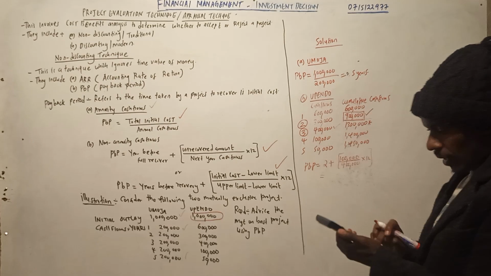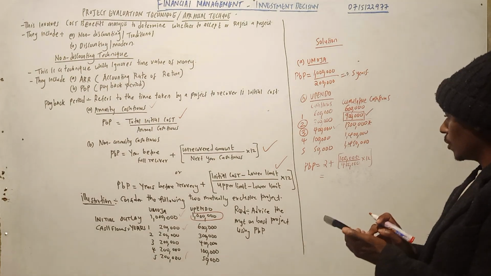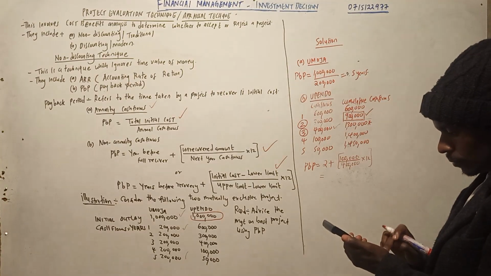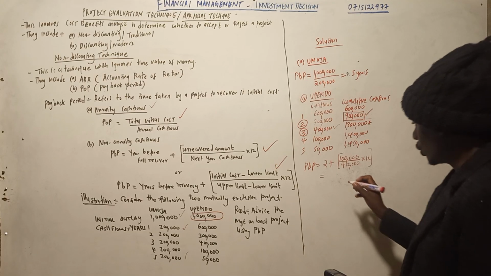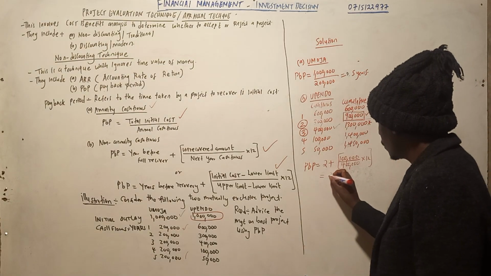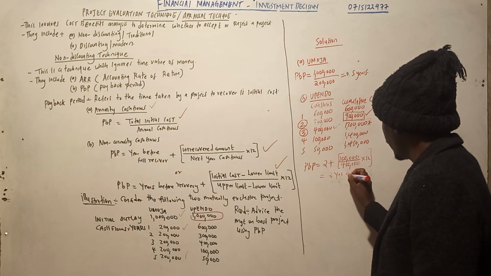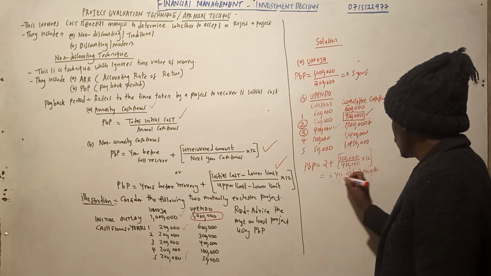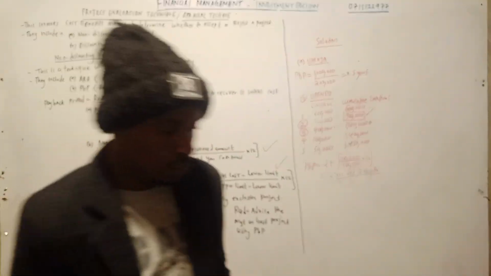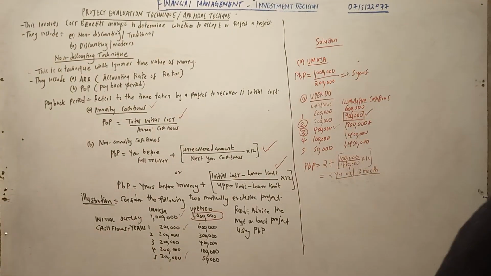So let's see, 100,000 divided by 400,000 times 12. So this is 2 years and 3 months.